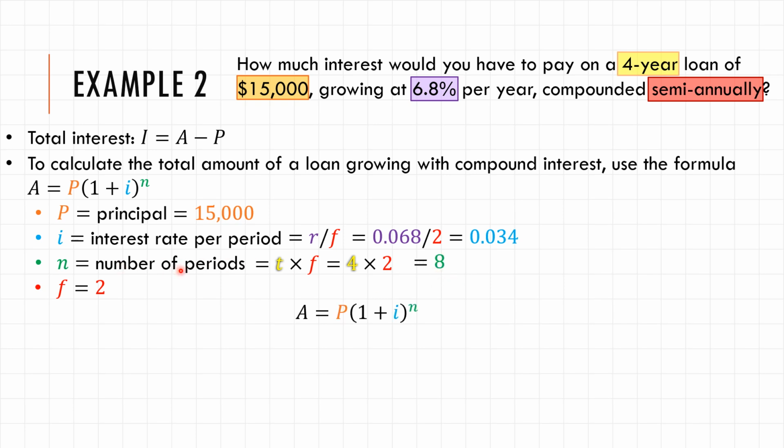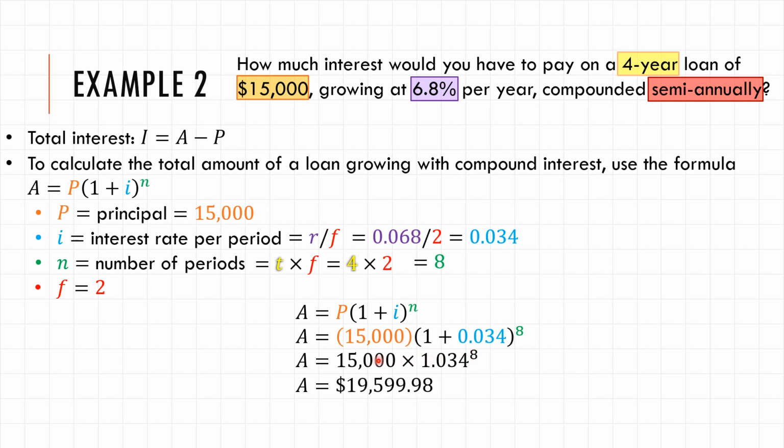And when we use our formula, P times 1 plus i to the power of n, i is 0.034. We will add that to the number 1 to get 1.034. And then do 1.034 to the power of 8, times 15,000, and that would tell us that our loan has grown to almost $20,000. Now, how much interest did we pay?